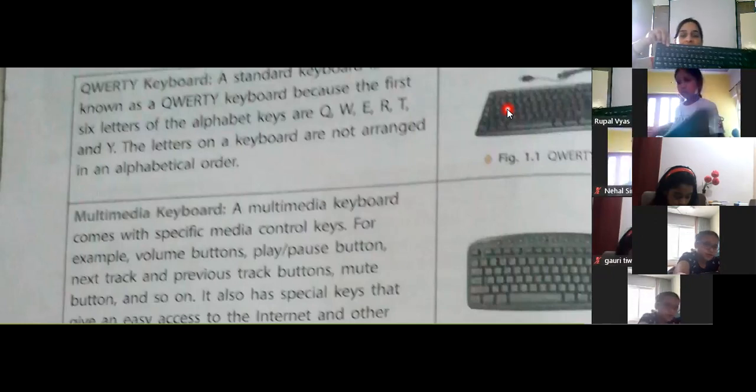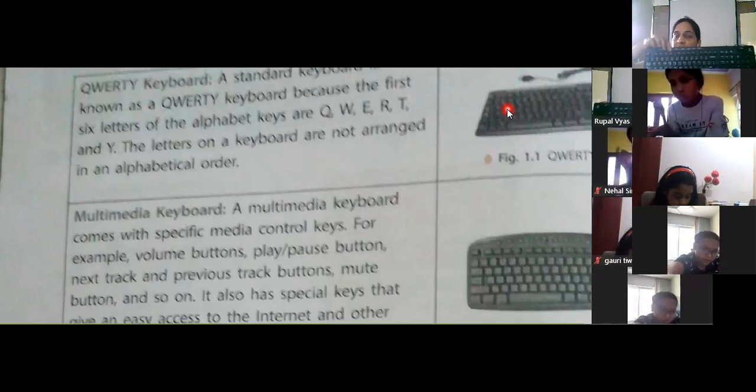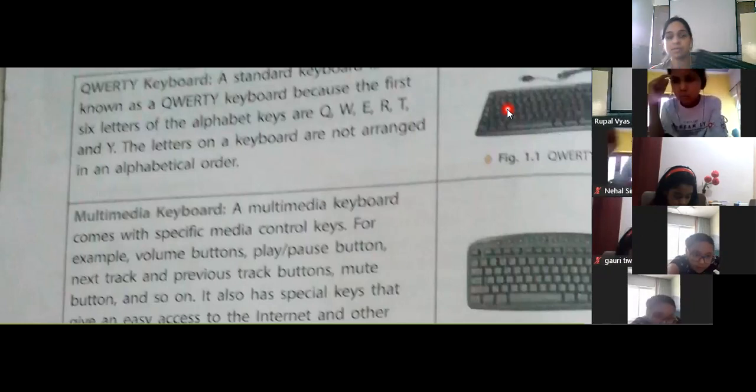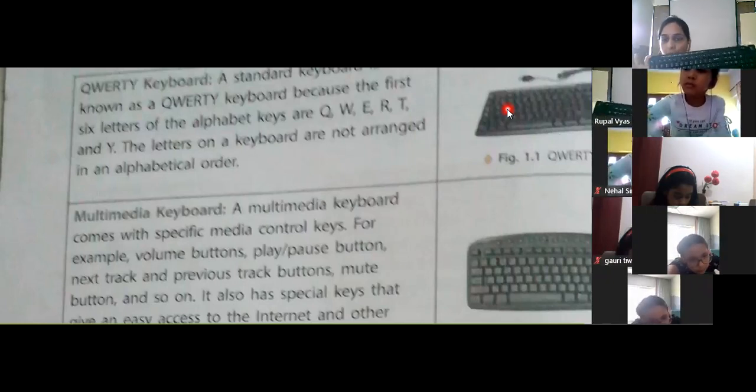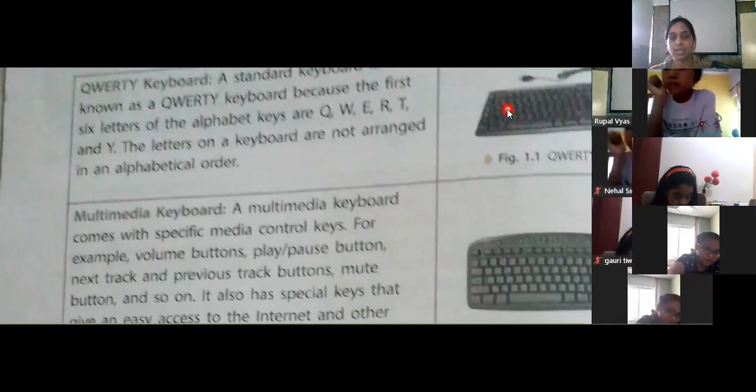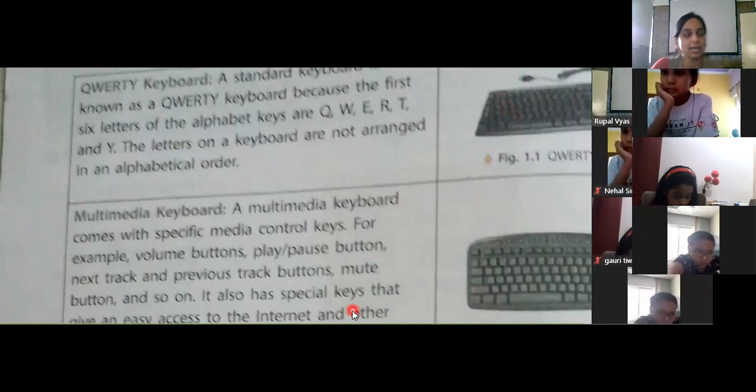If we want to increase the volume, we can use this button. If we want to decrease the volume, we can use these buttons. To play or pause. So for controlling a multimedia device, we want this multimedia keyboard. By using this keyboard, we can control the multimedia devices. That's why we call it the multimedia keyboard.